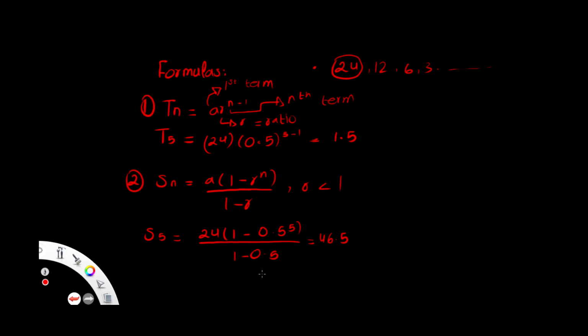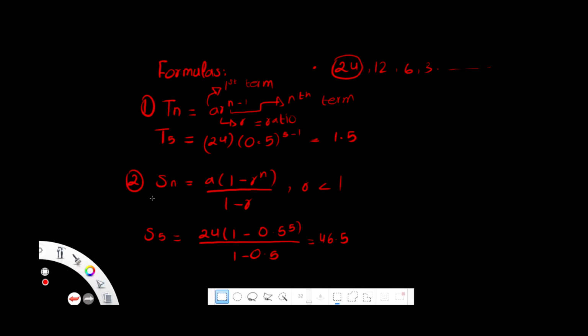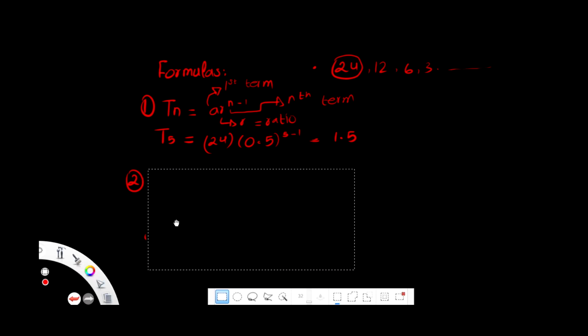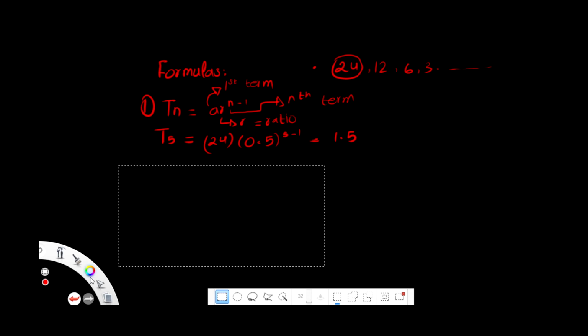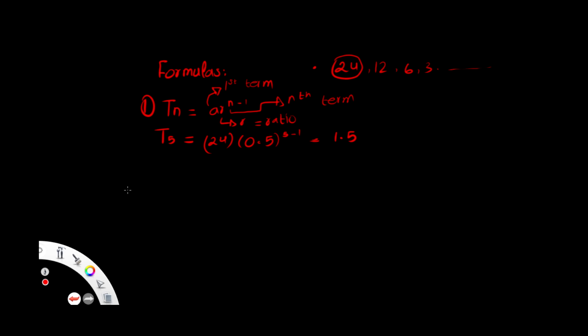Similarly, we have another formula which we can use to calculate the sum. So this is the third formula: sum equals a(r^n minus 1) upon (r minus 1), where r is greater than 1.